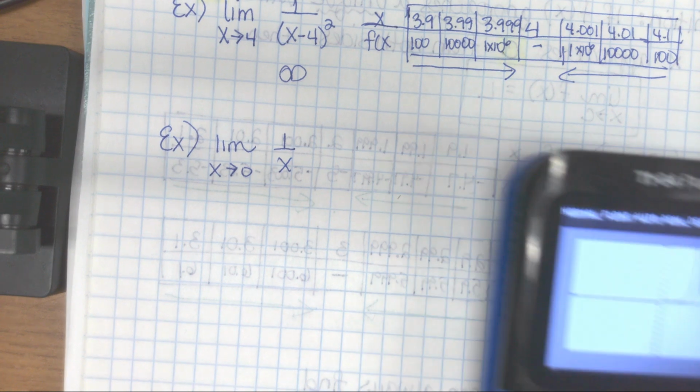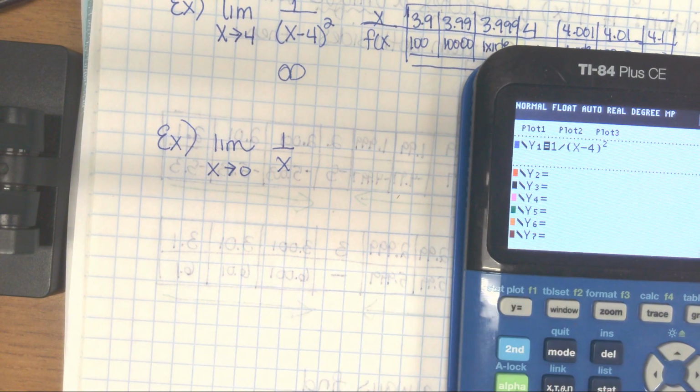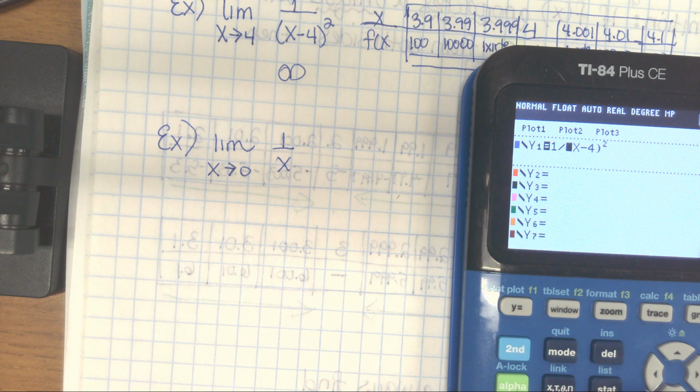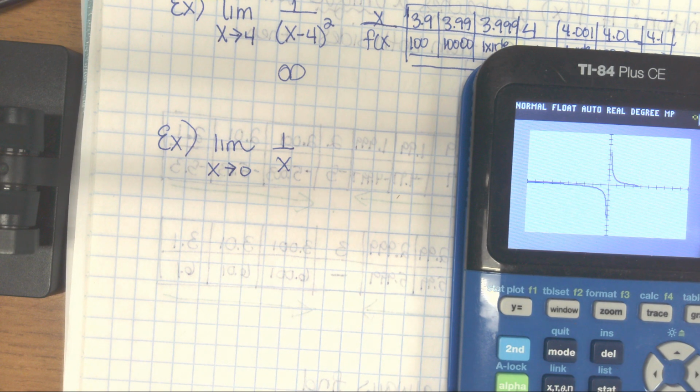I don't know how much analysis we have to do except to realize that this is a little bit different. Why is this one different?